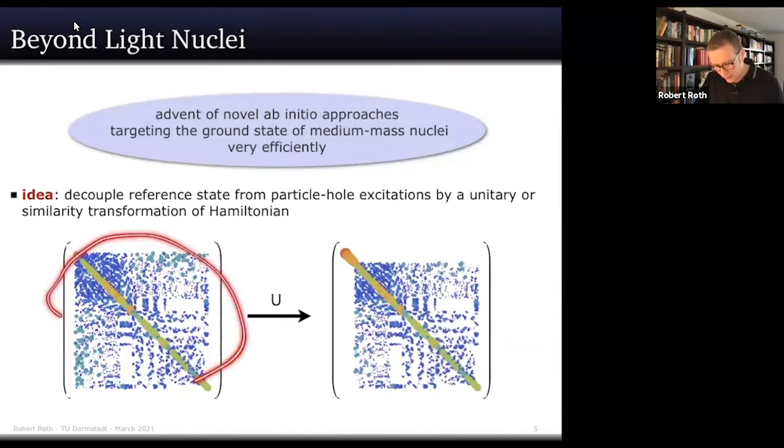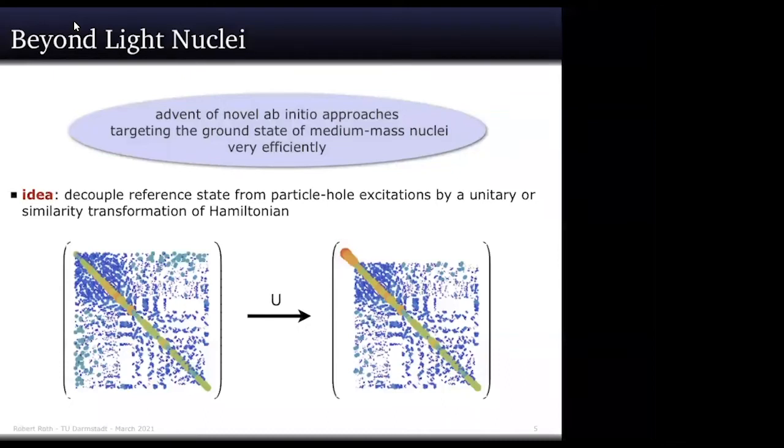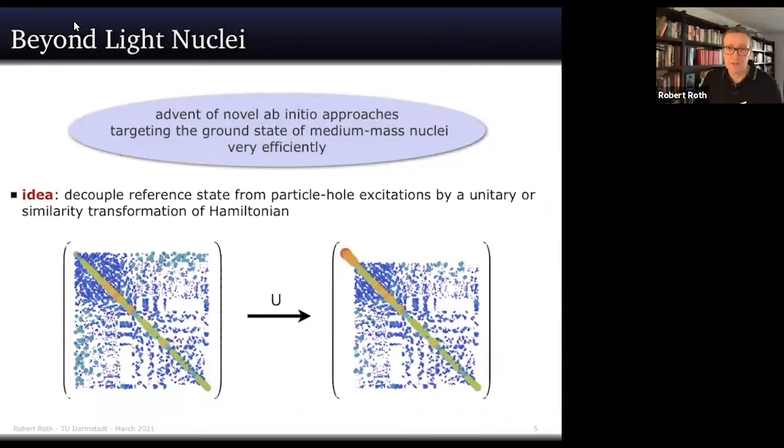I go from this matrix to a matrix like this, where the only thing that happens concerns this upper left corner. For the low-lying part of the spectrum, I have decoupled the states here from the rest. That means the columns and rows that connect to this upper left corner of my matrix are suppressed.